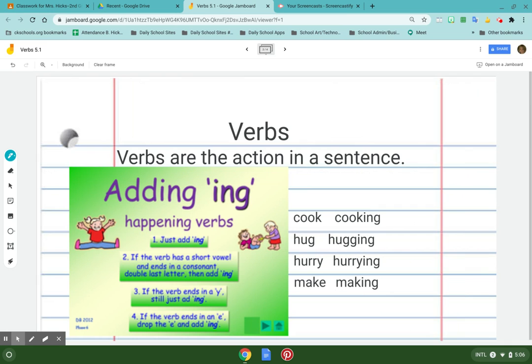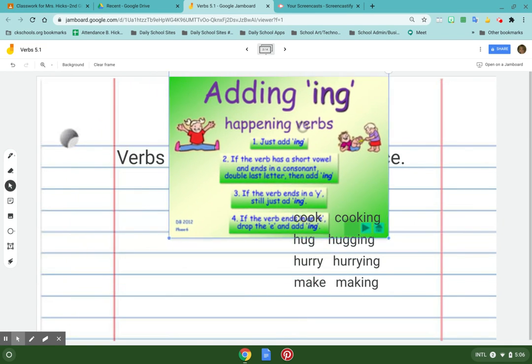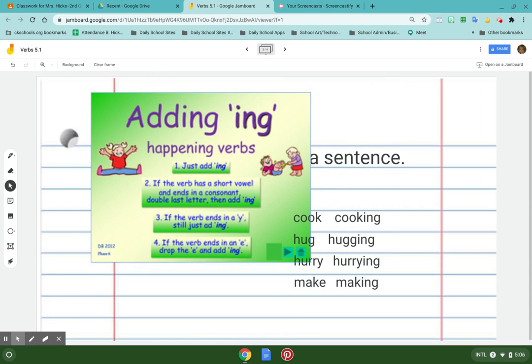Now, looking at this poster, it is actually the rules about adding ing. Number one, to a verb, you can just simply add ing to it. Number two, if the verb has a short vowel and ends in a consonant, you double the last letter and add the ing.